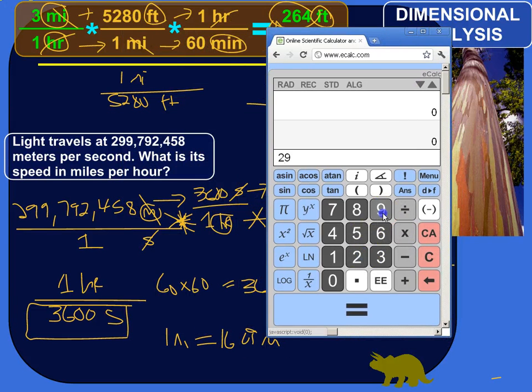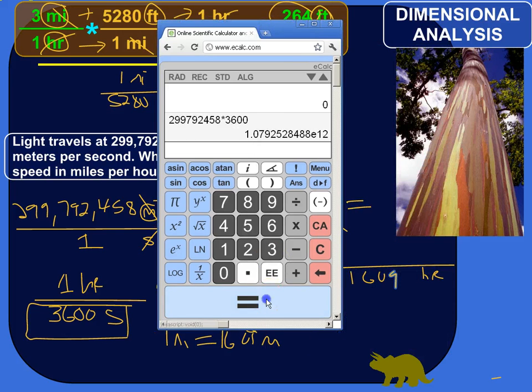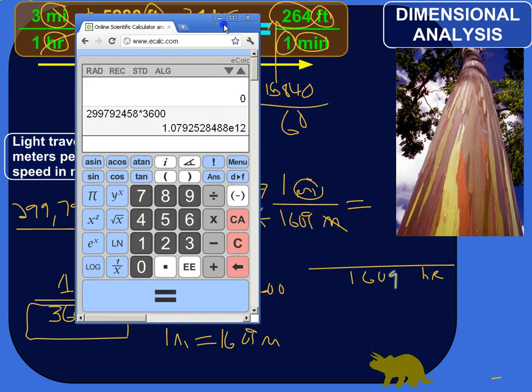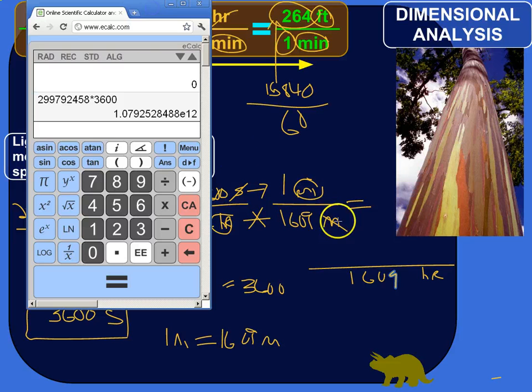So we've got 299,792,458 times 3,600 times 1. So that's a big number. That would be right there. I'm just going to take that number and then divide it by 1,609, because that'll be the last step to get it into a unit rate.